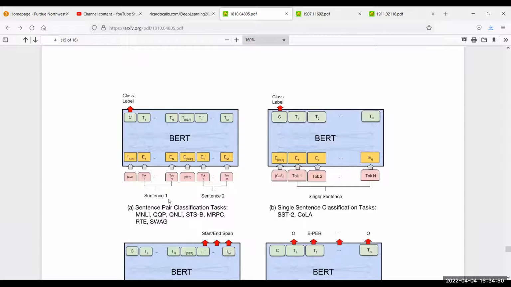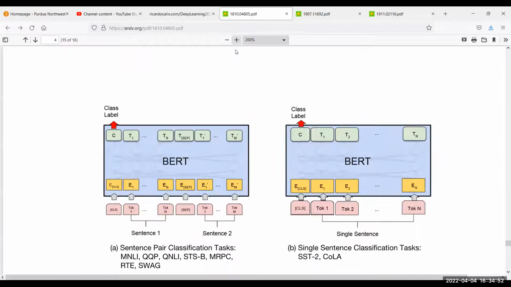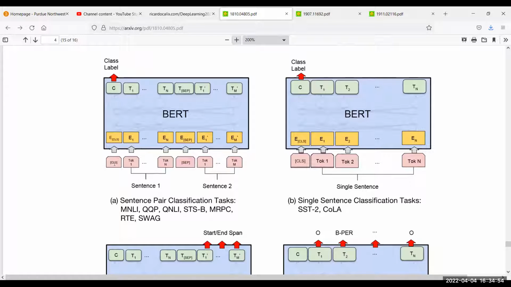So if you notice here, you give it as input CLS, the sequence of tokens for the first sentence, the separator token, the sequence of tokens for the second sentence. Feed it through the BERT, and then the class label comes out here. And this is called a sentence pair classification task for things like question and answering, but it's a comparison between two sentences.